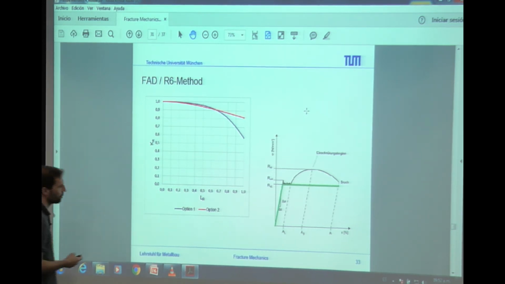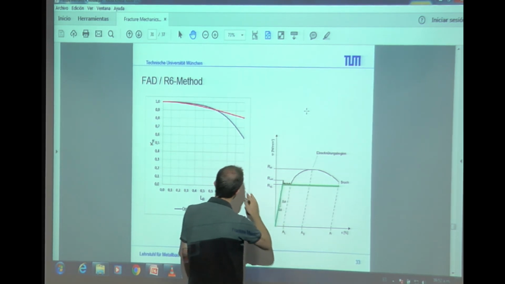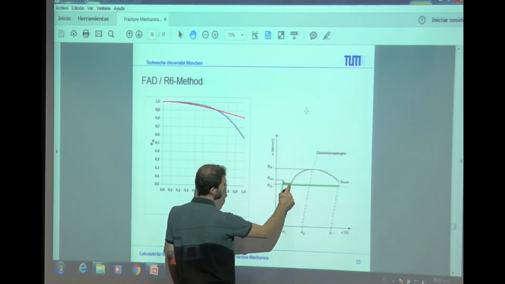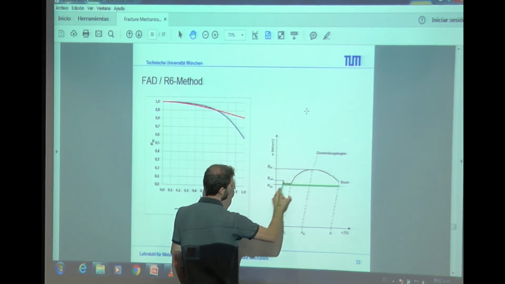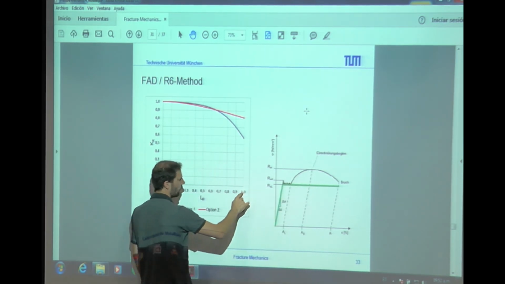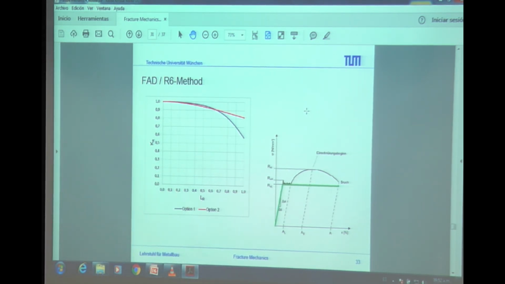But for example, if you go above, if you also want to go into the yielding point, you have here the area which is above 0.1. Then there are also two options, option 1 and option 2.